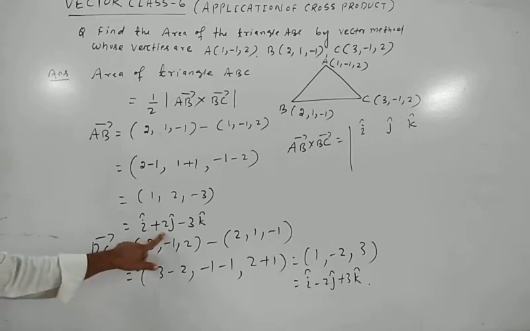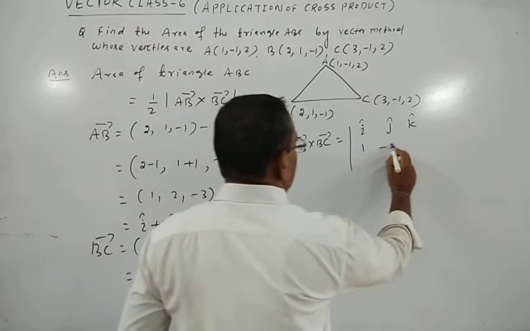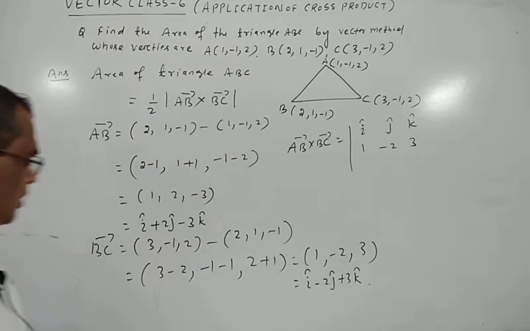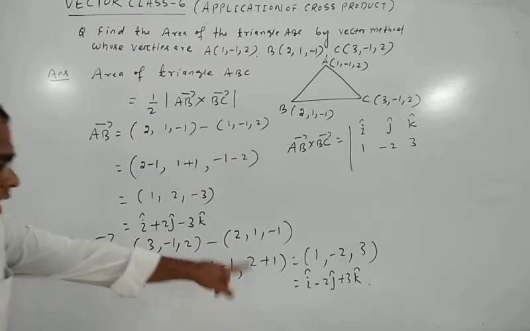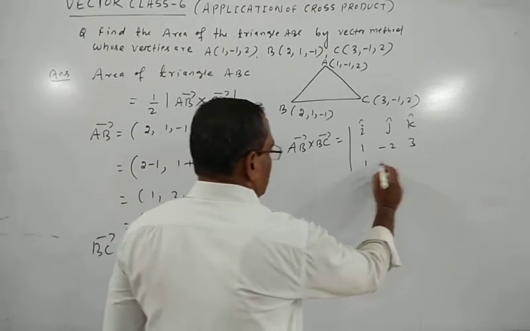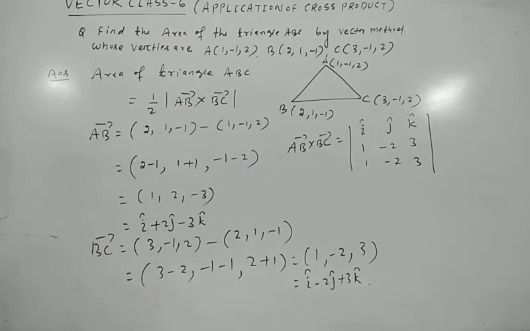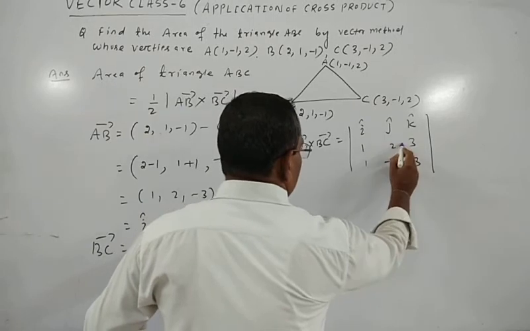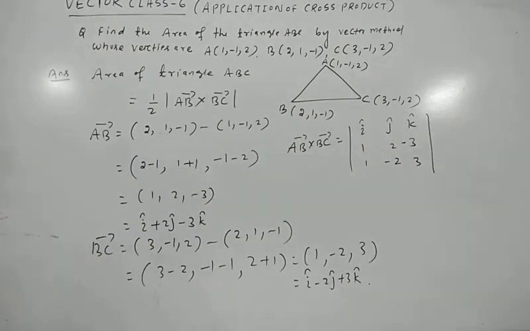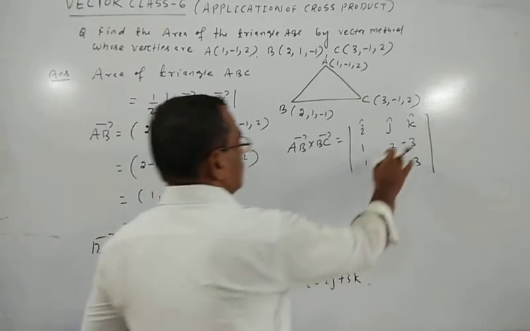AB vector is 1, 2, minus 3, and the component of BC vector is 1, minus 2, 3.